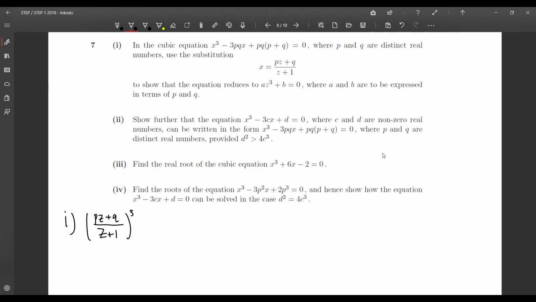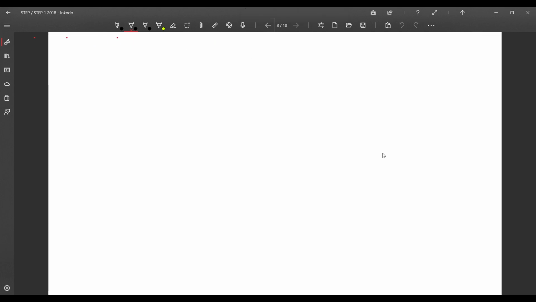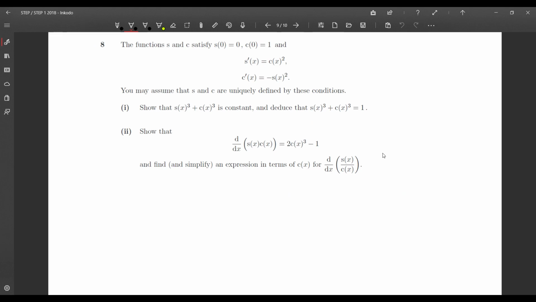Yeah, because this is just where P equals Q. I think I'm just going to skip this question for sake of time.